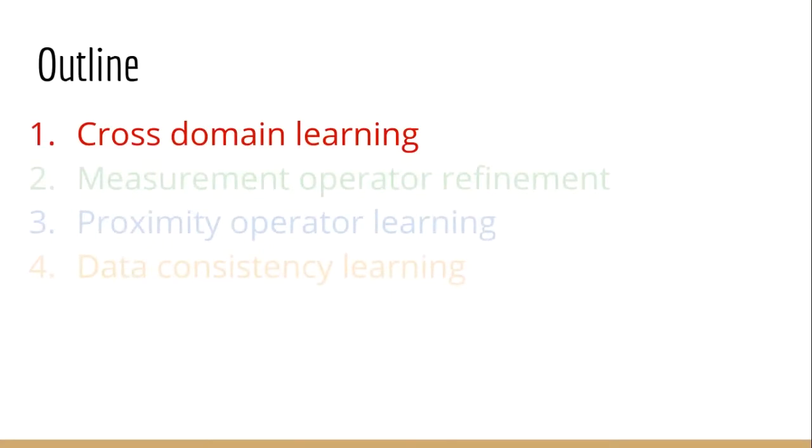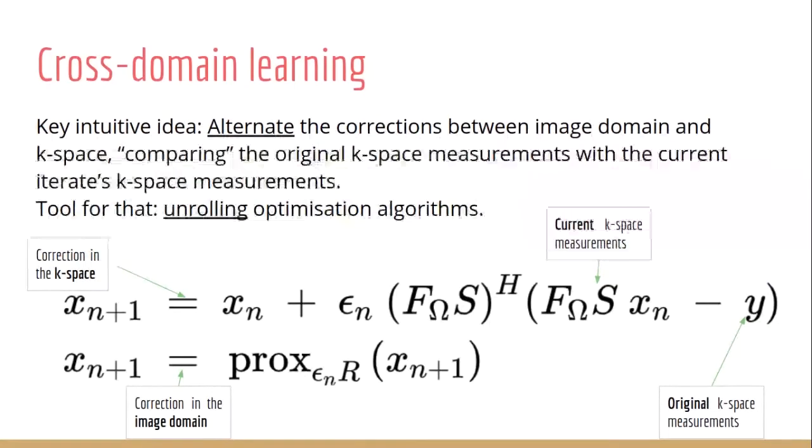But first, with the cross-domain learning. The key intuitive idea in cross-domain learning is that when you have a reconstruction, you're going to try to correct your reconstruction, and you're going to try to correct between the image domain and the K-space. I didn't mention it, but K-space is the name that we give to Fourier measurements in MRI.